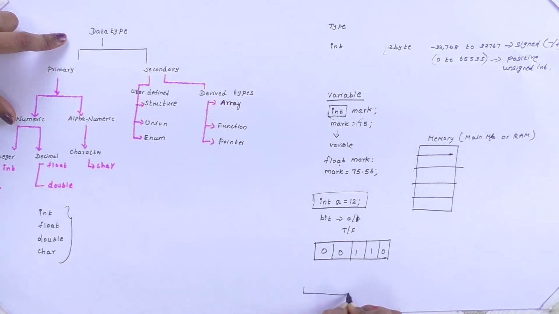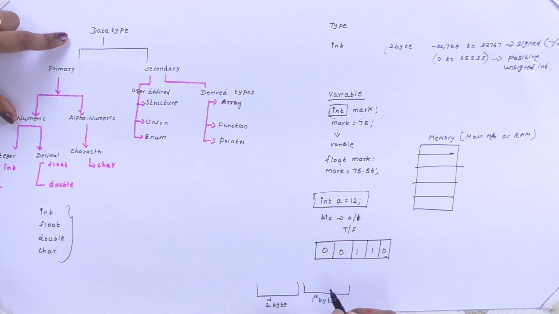This is the first byte, this is the second byte. So in every byte we have 8 bits.